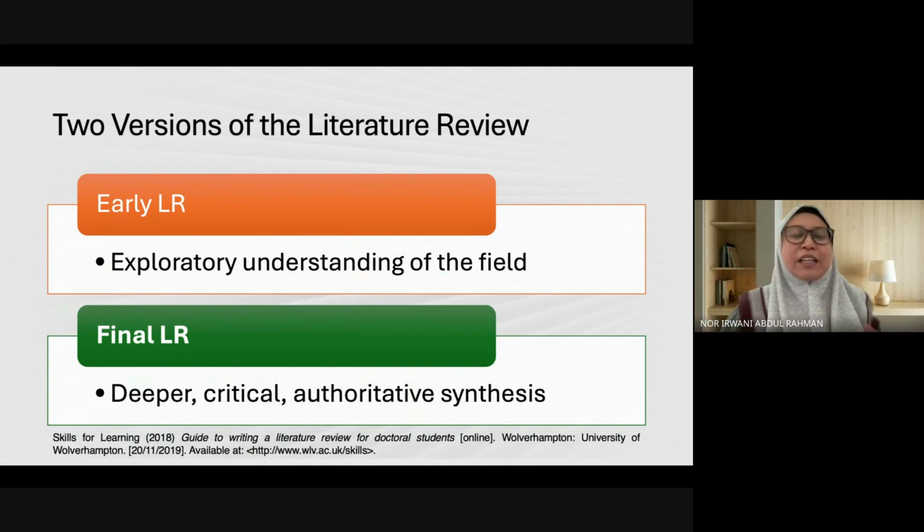After you are firm that this is my equation, this is the model, this is the number of variables that I intend to use, I have to dig into the stated variables. That is the final LR process. Both processes consume time.